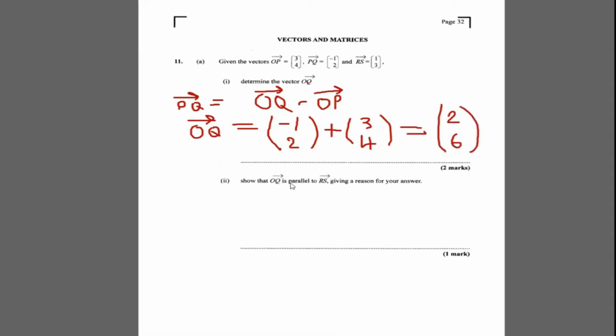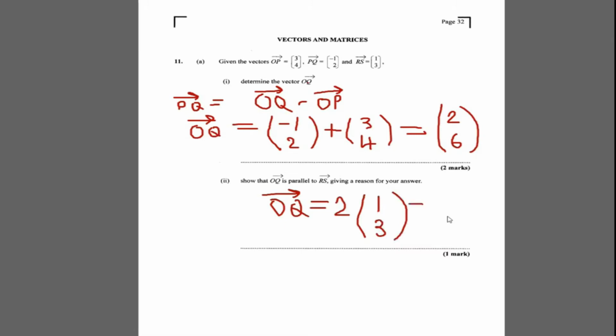To show that OQ is parallel to RS, well, that's easy to show. OQ is equal to (2, 6). And I can write (2, 6) as 2 times the vector (1, 3). But the vector (1, 3) is just RS.